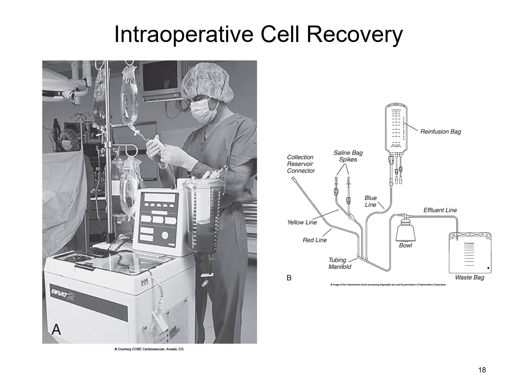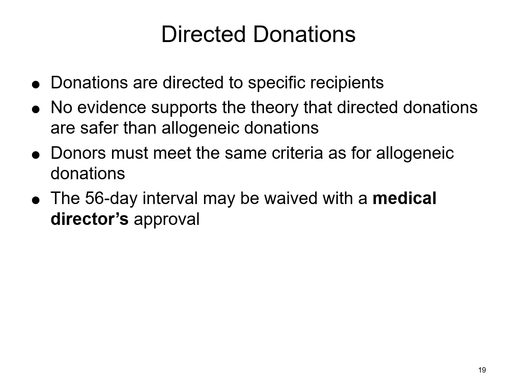This just gives you an overview of it, where you have different lines going in. You've got the blood cells, and then you have the waste buckets as well. It's all built within the machine, but you can see the various processes that take place during surgery. Okay, there's directed donations.